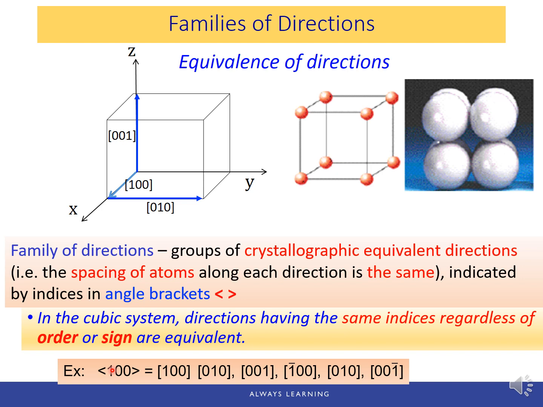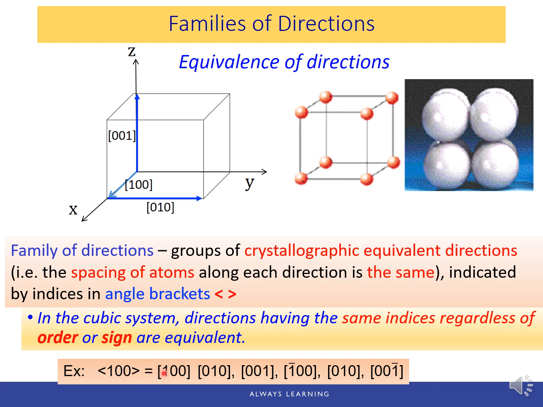So in the cubic system, directions having the same indices regardless of order or sign are equivalent. In other words, as long as the three integers are the same, we have integers 1, 0, 0.